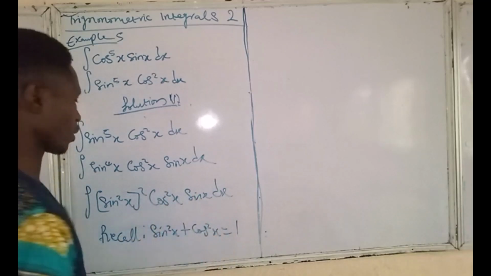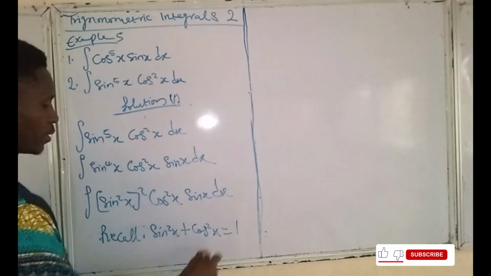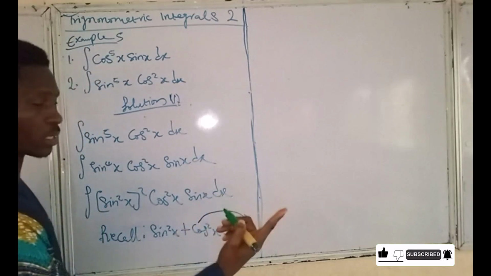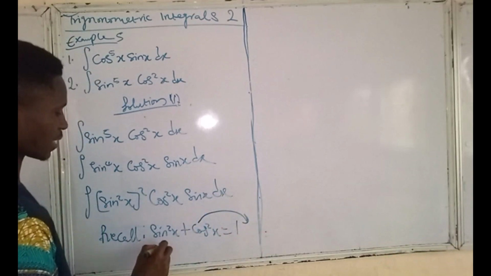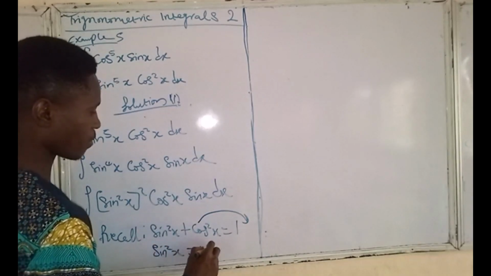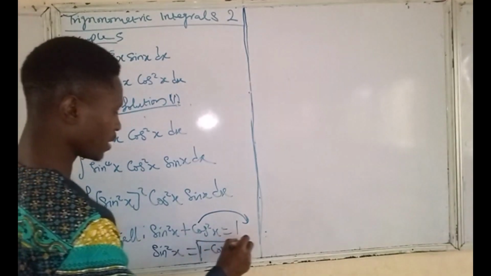Is that clear? Now, since we know this from the trig identity, making this the subject of the formula means taking this away and it becomes a negative. So this will give us sin²x equal to 1 minus cos²x. So this now replaces sin²x.